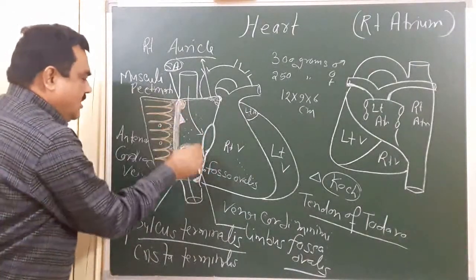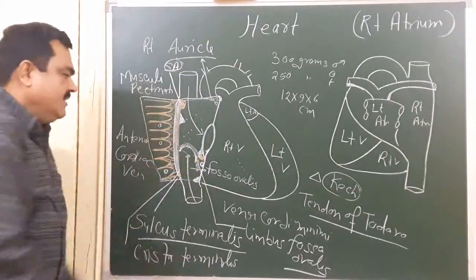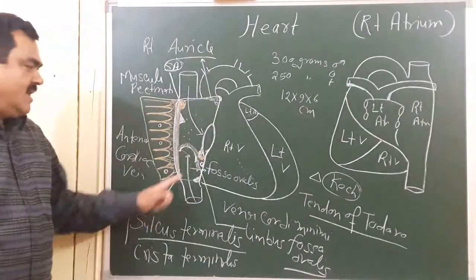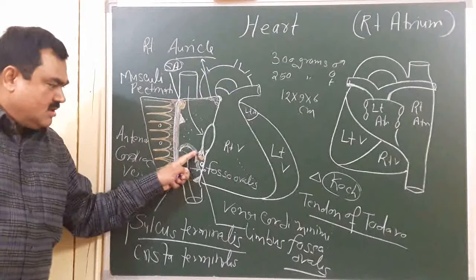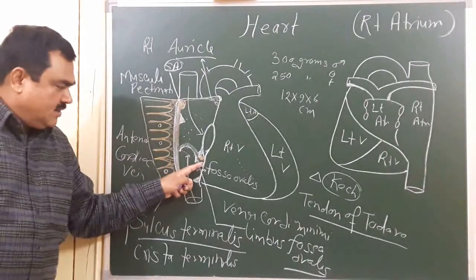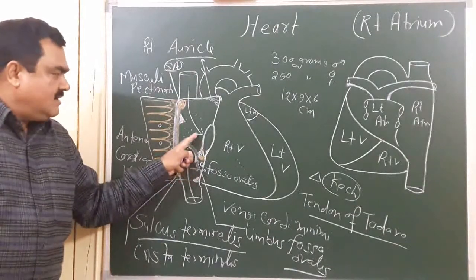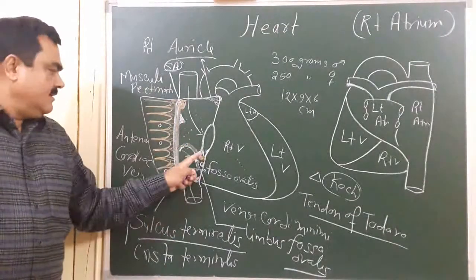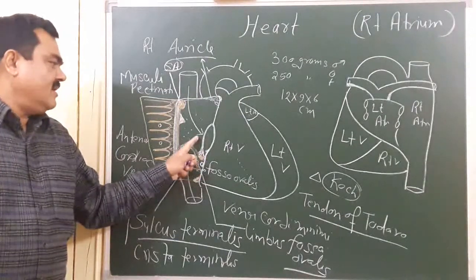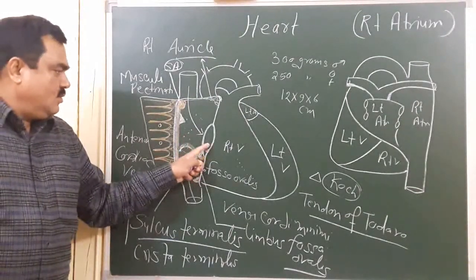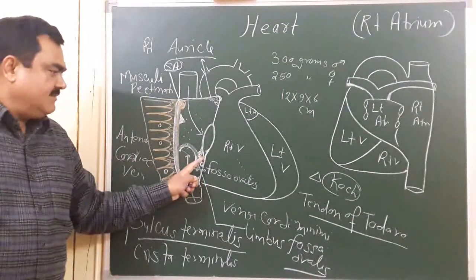Here is the SA node, and here is the AV node. This AV node is present in the triangle of Koch, and the boundaries of the triangle of Koch are the tendon of Todaro, the coronary sinus, and the septal cusp of the tricuspid valve. So it lies here.